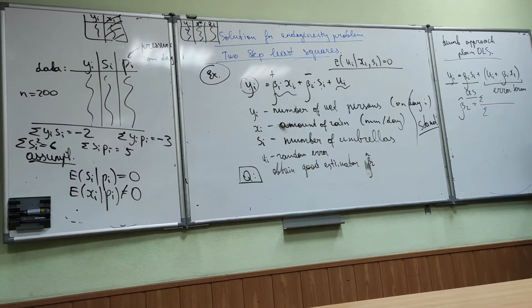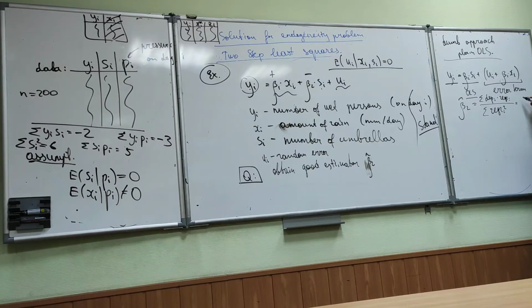Without intercept, we have no intercept here. So here it will be the sum of the dependent variable times the regressor, divided by the regressor squared. Rules are important, not the notation.